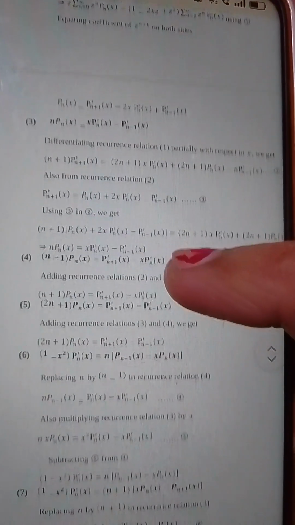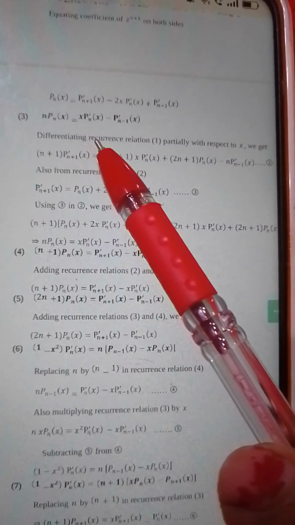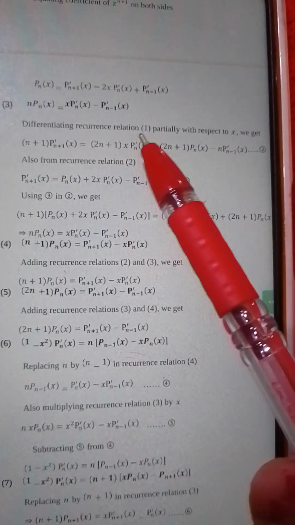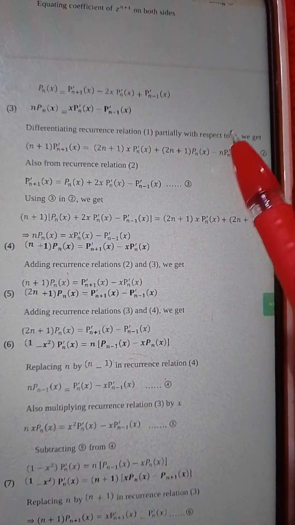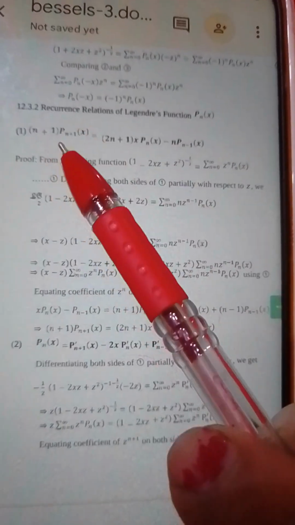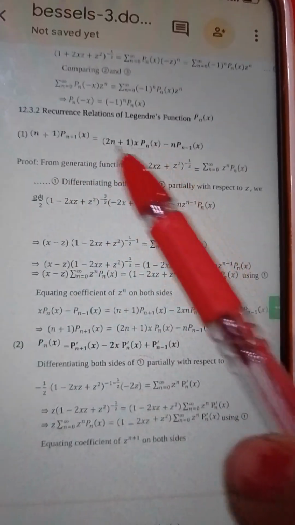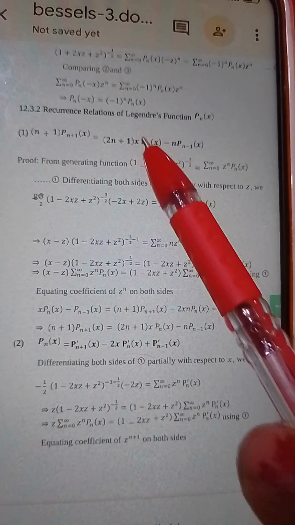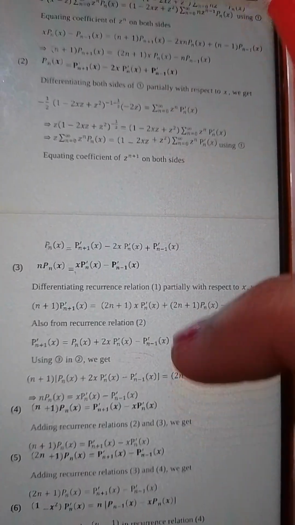Now third recurrence relation, differentiating recurrence relation 1 with respect to x. Now what was our recurrence relation 1? This is our first recurrence relation. We are differentiating it with respect to x.